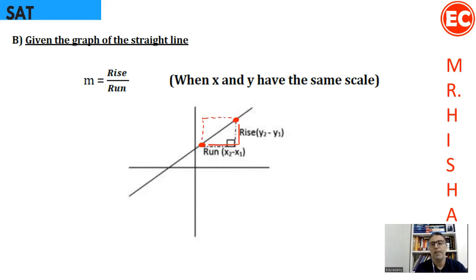And don't forget that the slope here is a positive value. Again, you should learn how to find the slope from a graphed line because you are going to use it a lot while you are solving the SAT questions. The graph is rise over run. You plot 2 points and you count the number of rise divided by the number of run.